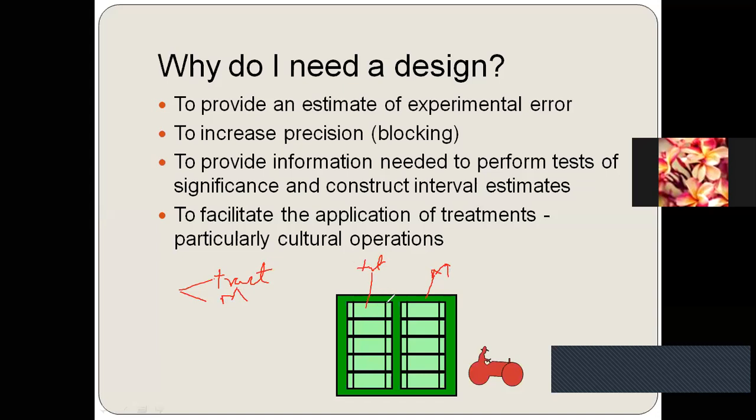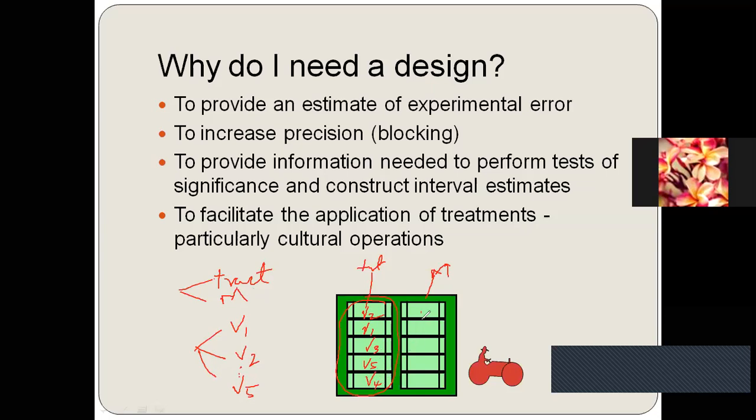Why do we want a large plot for tractor? For plowing, because a tractor cannot turn on a small plot, isn't it? So we need a more or less larger plot. The second aspect is variety. I have 5 varieties, variety 1 up to variety 5, so I can put different varieties here: V2, V1, V3, V5, and V4.